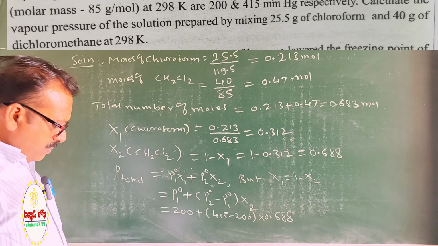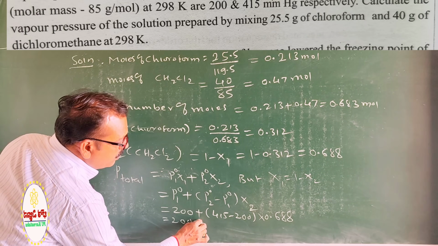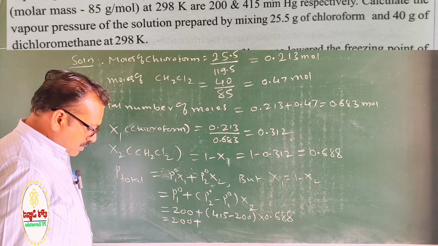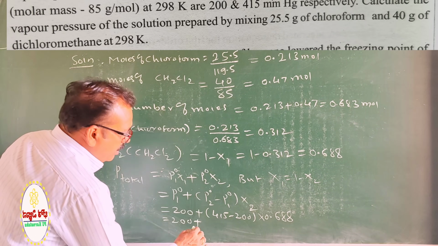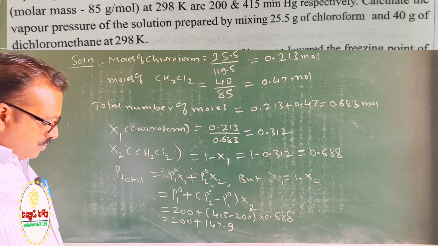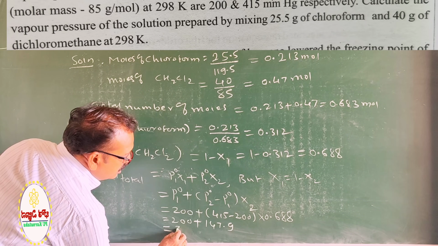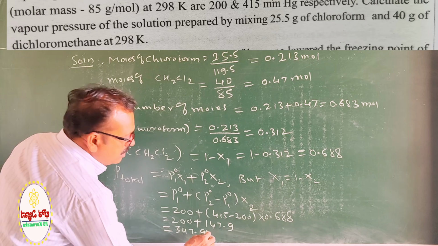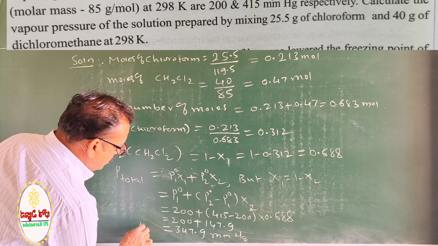So simplify this one, 200 plus 415 minus 200 into 0.688, you will get 347.9 mm of mercury, that is the total pressure.